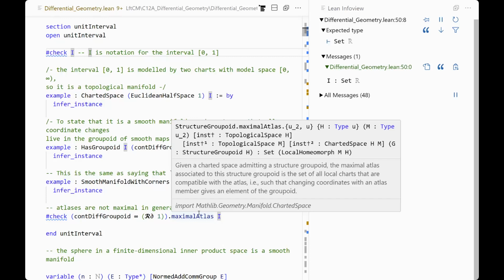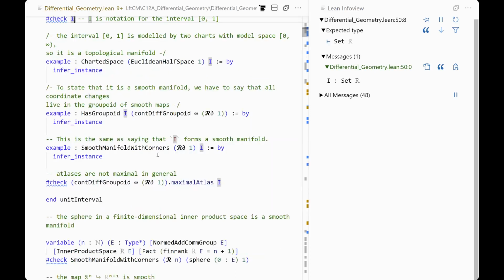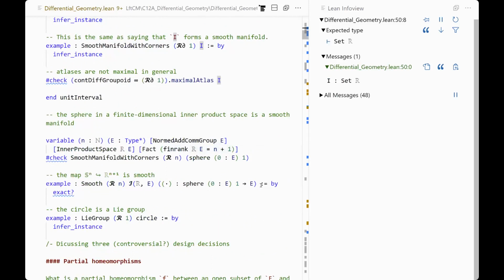So, any other questions about what I've shown so far? Another example I want to show before digging into the design decisions is the sphere. This was formalized mostly by Heather Macbeth. We don't have a general theory of closed submanifolds yet, unfortunately, but we have that the sphere is a manifold. So for example, here I'm saying let E be a finite dimensional inner product space.